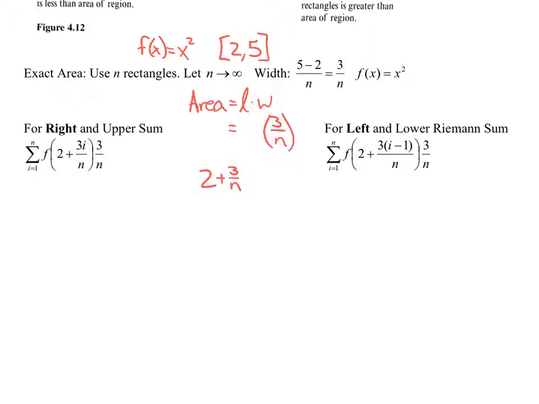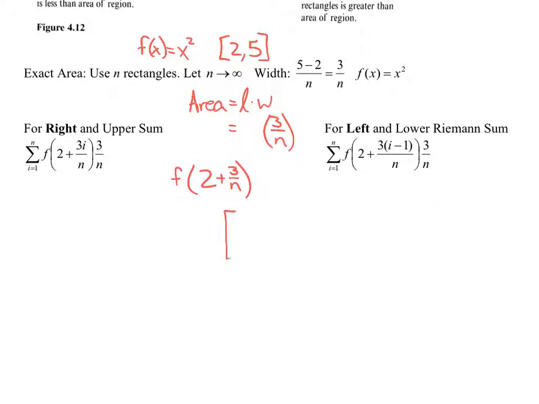So once we get to the other side of the rectangle, we're going to evaluate the function at that value, and that will tell us the height. So the first rectangle will actually have an area of f evaluated at 2 plus 3 over n as its height, and it's going to be 3 over n wide.